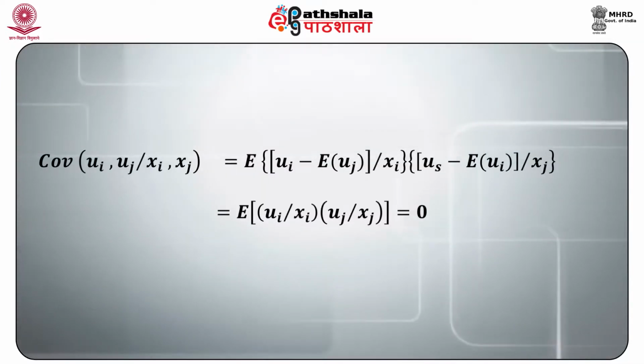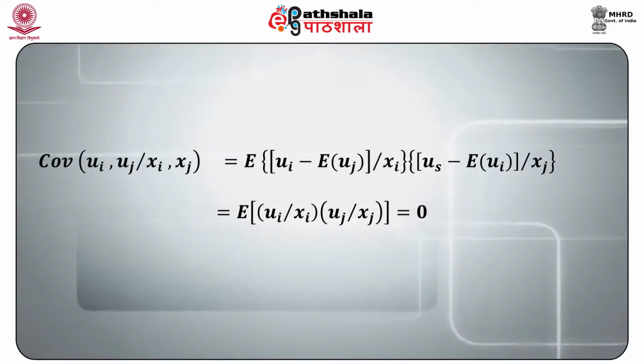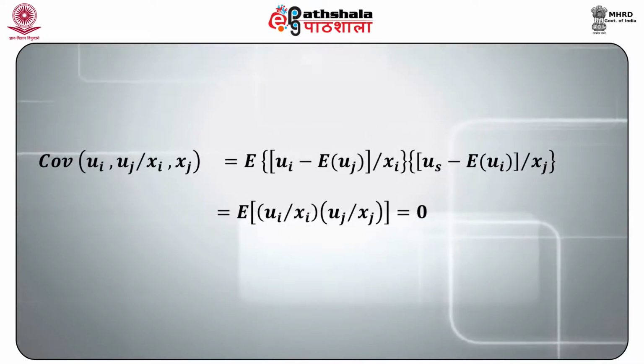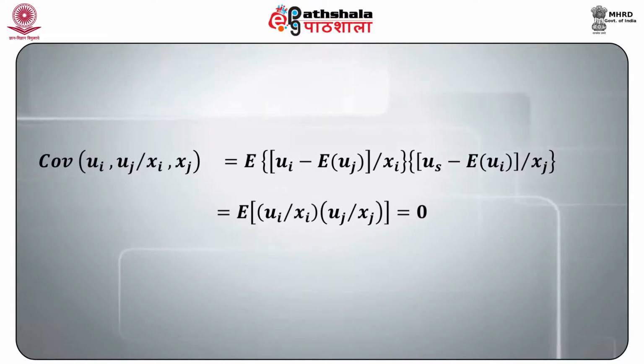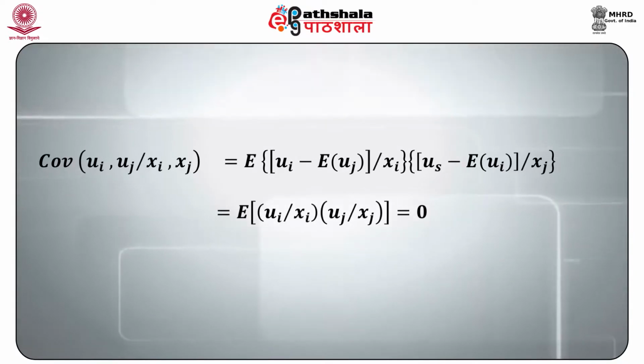This assumption basically means that the correlation between any two disturbance terms mu i and mu j, where i is not equal to j, given any two values xi, xj of the explanatory variables, is 0. That covariance of mu i, mu j given xi, xj can be written equivalently as the expected value of mu i minus expected value of mu i given xi, into mu j minus expected value of mu j given xj.